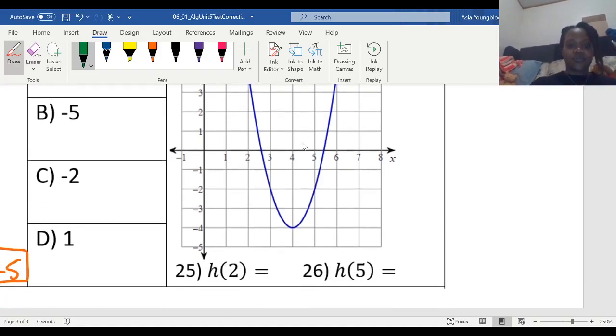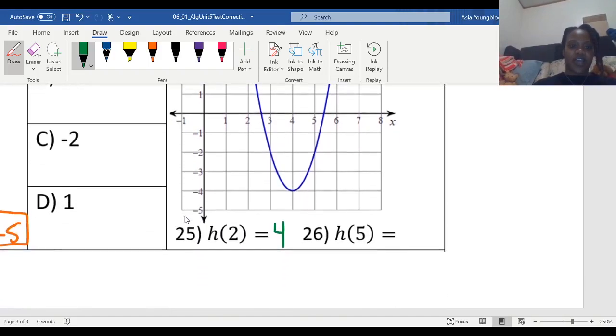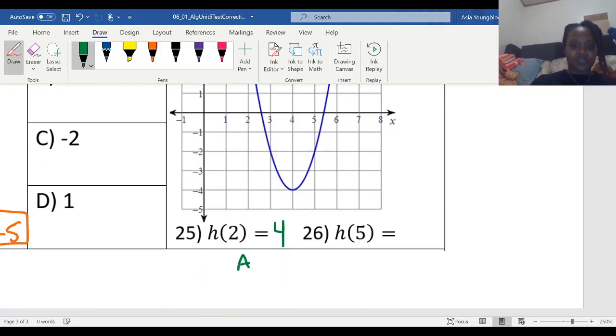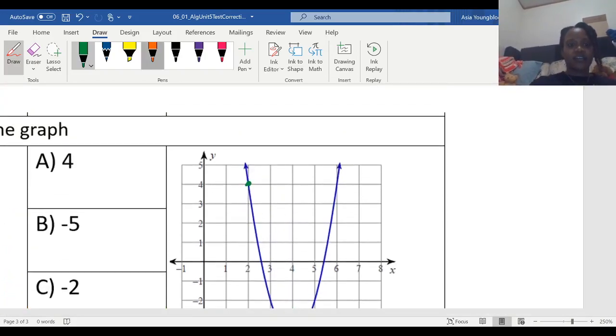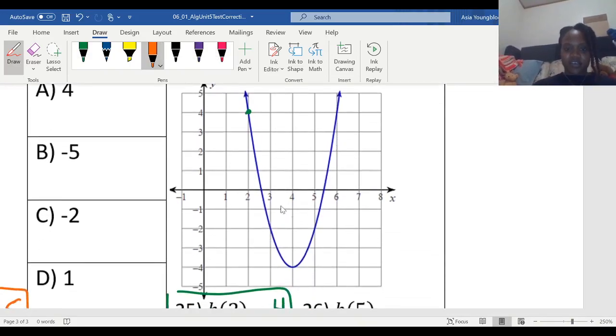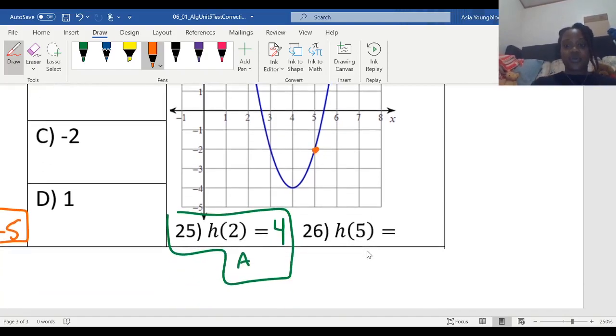So h of 2 is 4, which is the letter A. When x is 5, excuse me, x is 5, we have to go down to our graph to negative 2. So h of 5 is going to be negative 2. So that answer will be C.